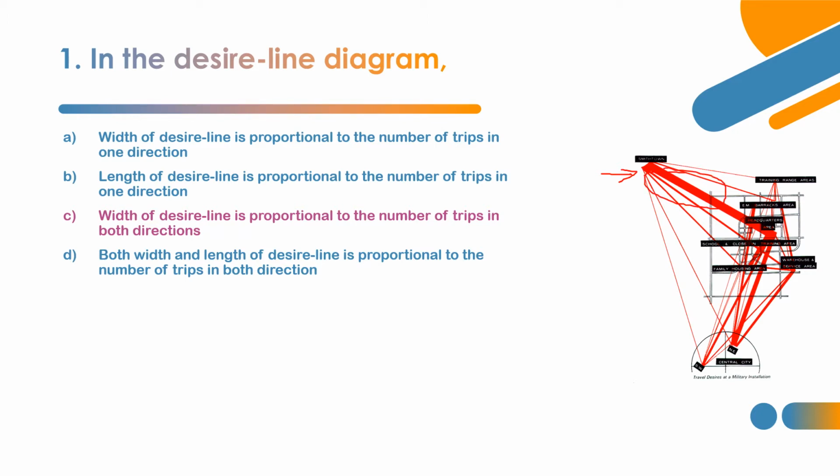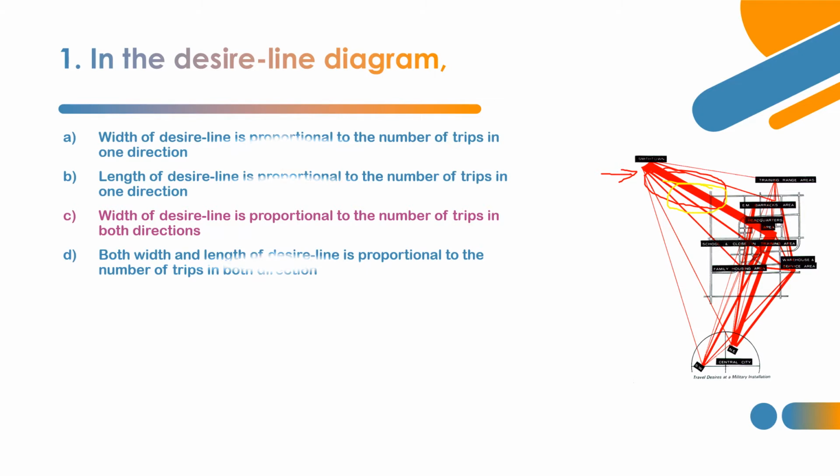This line has some more width. That means this origination and destination trip has more number of traffic. That is, more trips are happening within these two locations. So that's why the width of this desired line is higher than the others.